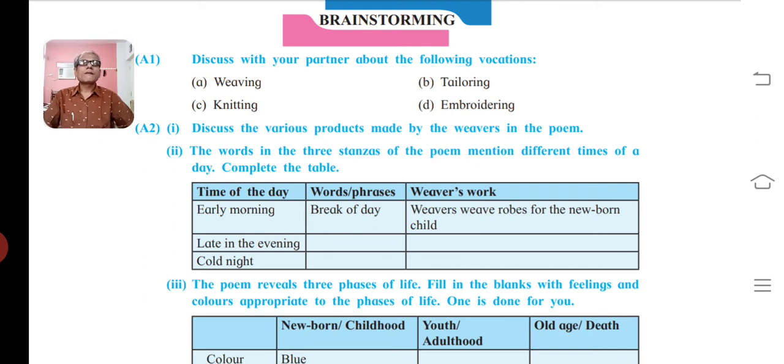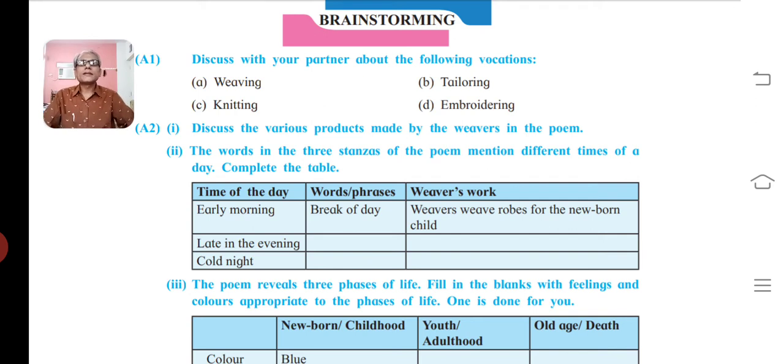So here different words in the stanzas of the poem mention different times of the day and the three different activities that are done at those particular times by the weavers. Now here you will have to complete the table.